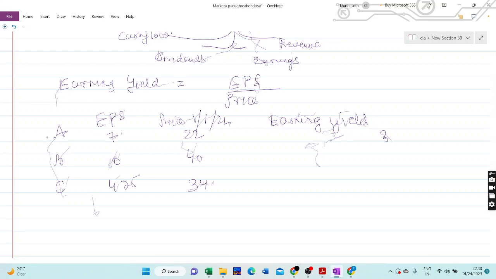For simplicity purposes, let's write 0.32. Right, 0.32. Earning yield of stock B is 0.25. And earning yield of stock C is 0.125. Right? Okay.